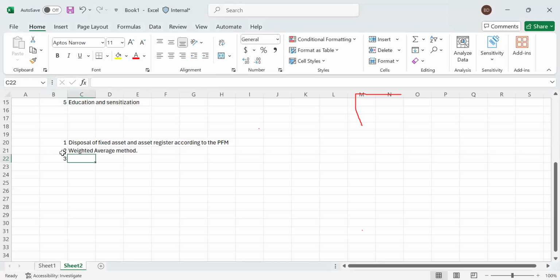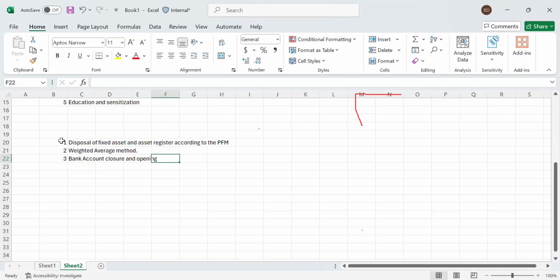So question 3 has to do with bank accounts closure and opening. This is just the heading of the question. I just want you to get an understanding of the question.